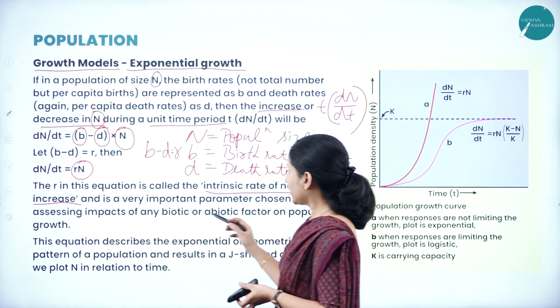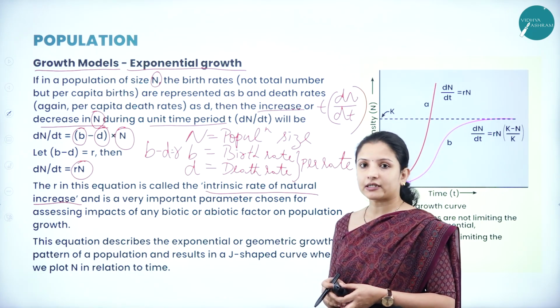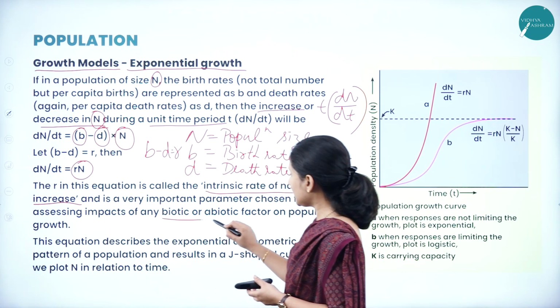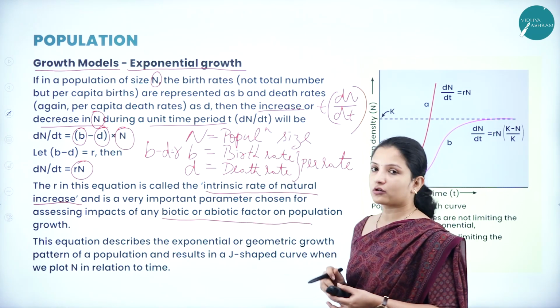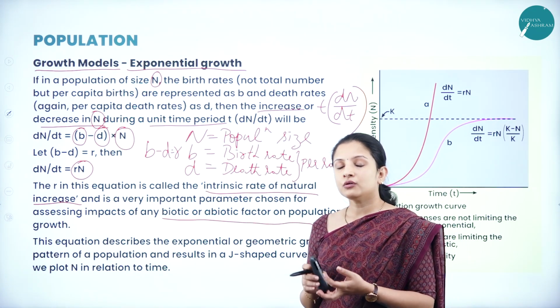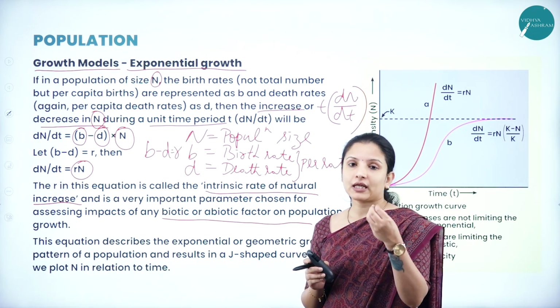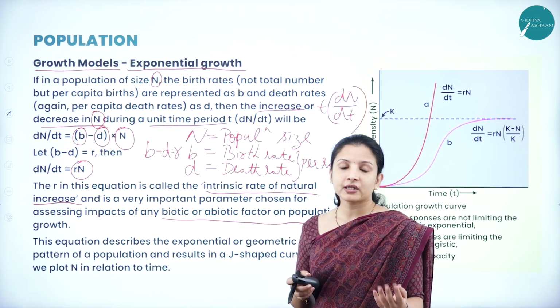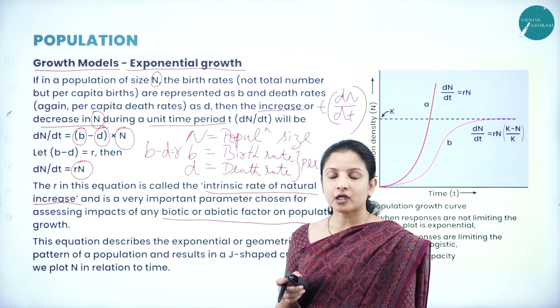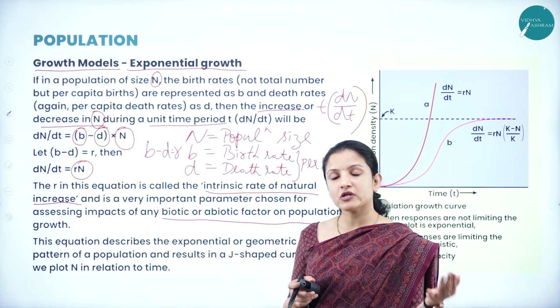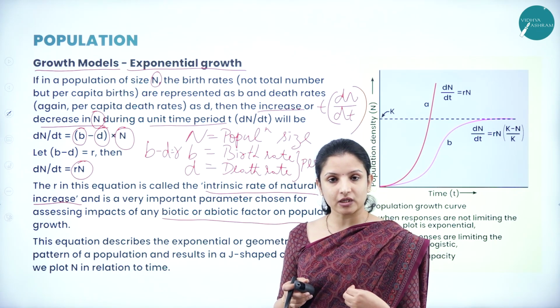It is a very important parameter that is used for assessing the impacts of any abiotic or biotic factor on a population growth. Say, for example, abiotic factors such as drought. Drought in a particular area might have caused the death of individuals, resulting in a decline in the population.